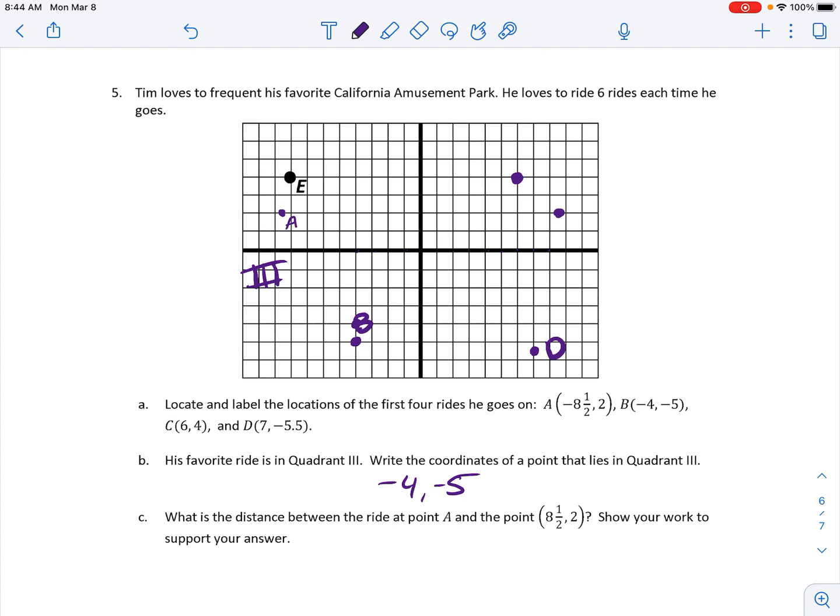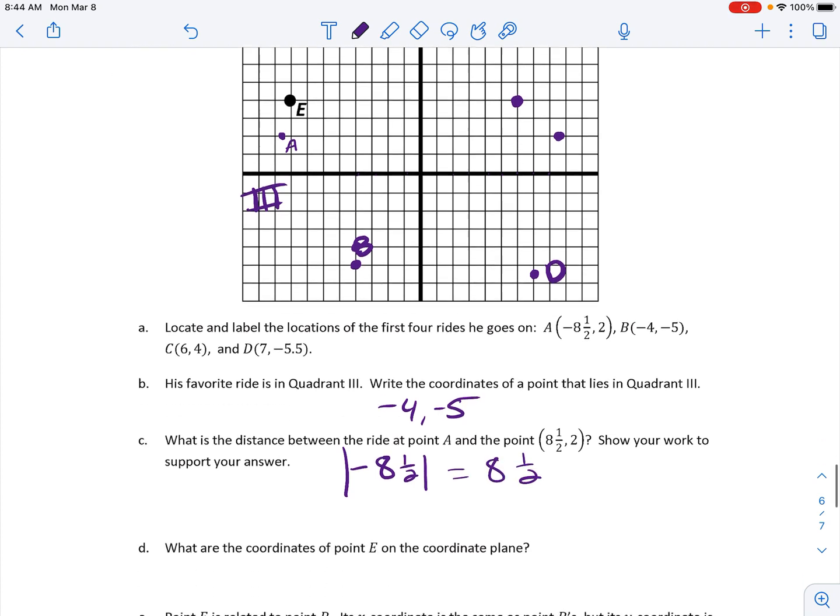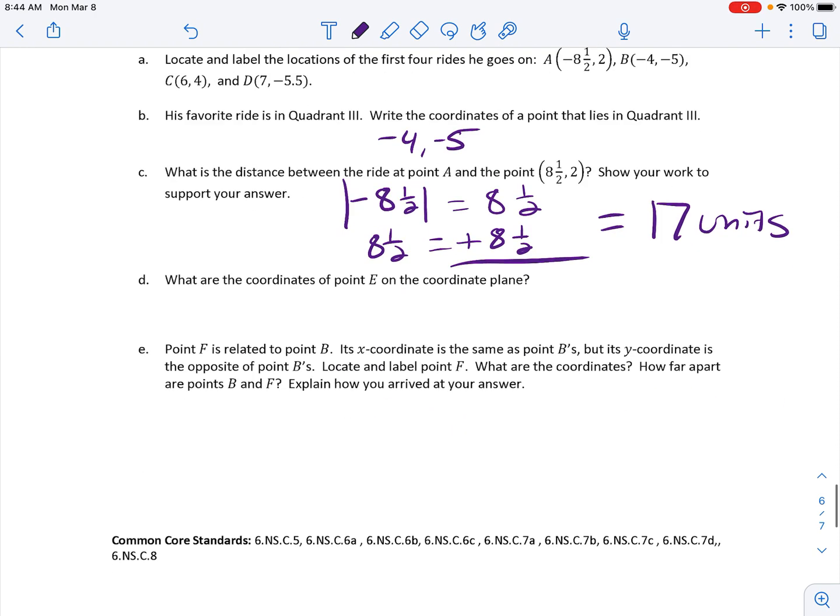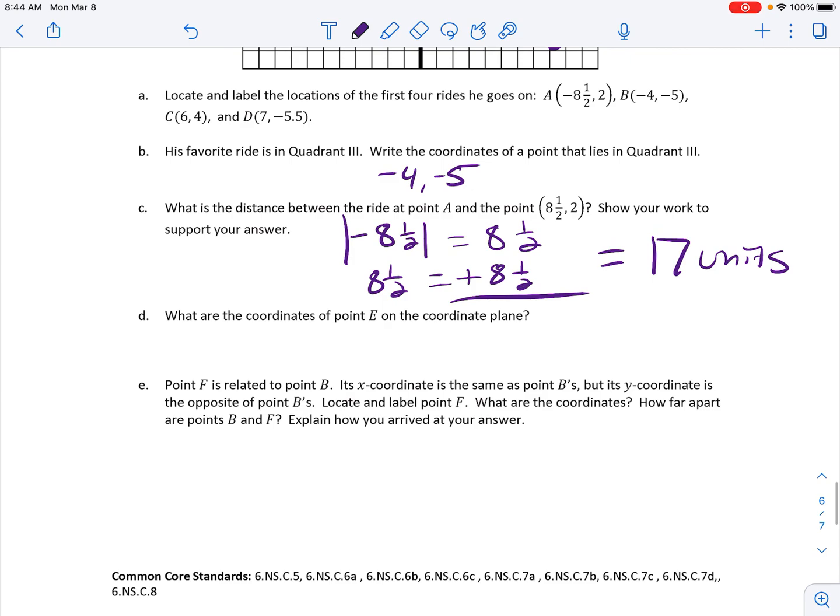So we need to find the absolute value of -8.5, which is 8.5, and the absolute value of 8.5 is 8.5. We're going to add these together. A half plus a half equals 1. 8 plus 8 is 16, so the distance is 17 units. Okay, 8.5 plus 8.5 is 17 units.